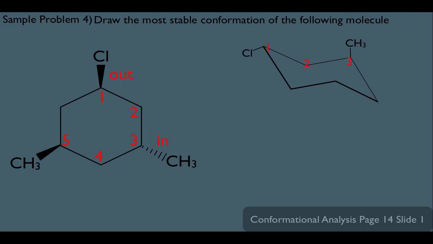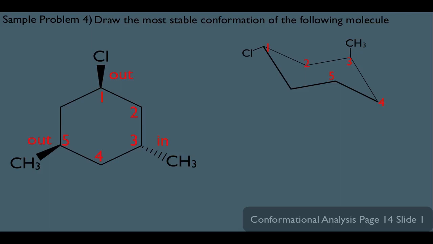Now let's place this last substituent here. Here's carbon 4. Here's carbon 5 right here. Again, look at the two-dimensional structure and notice the relationship. The methyl on carbon 5 has a solid wedge, so we can say he's facing outward. And there's technically two ways to do this.